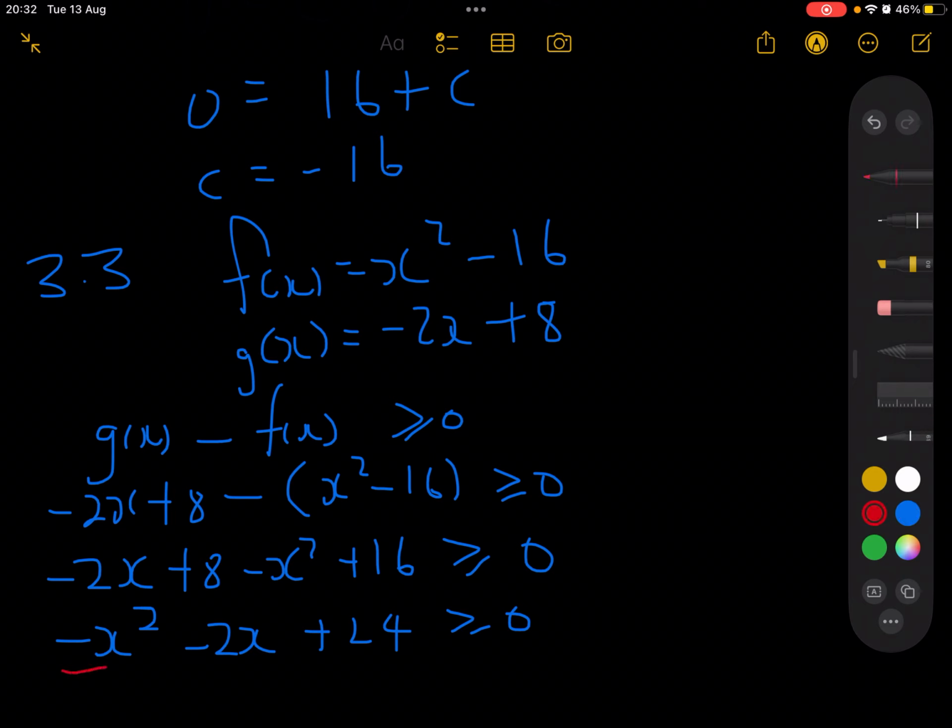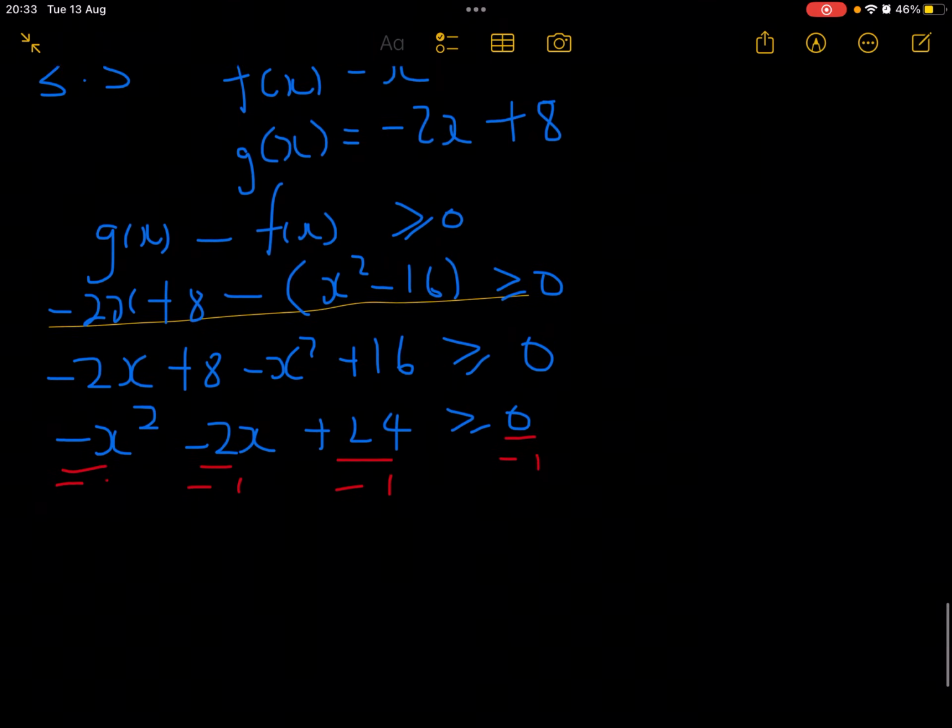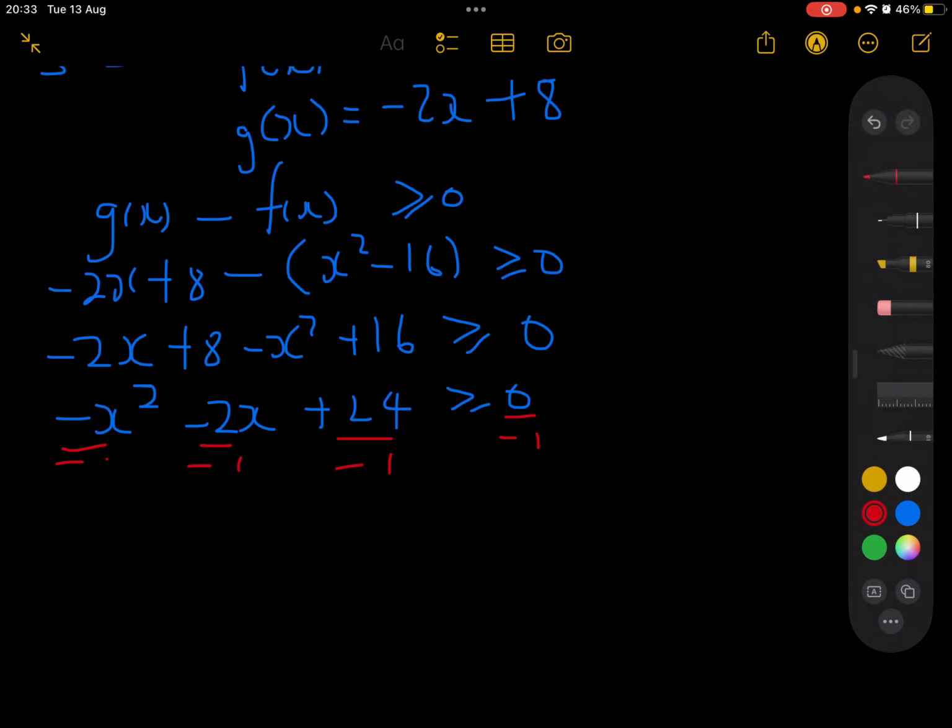Then we divide throughout by negative 1, which changes the sign of the inequality to less than or equal to 0. So we now have x squared plus 2x minus 24.